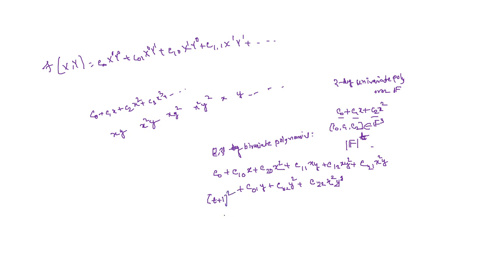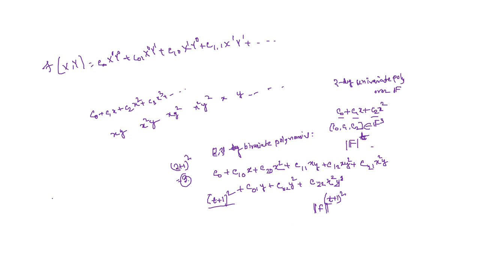So a total of t plus 1 square points are there, that is 2 plus 1 square. So this many points are there, so you will get this many possibilities of 2 degree bivariate polynomials, right?